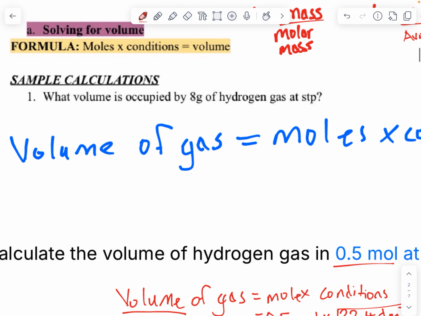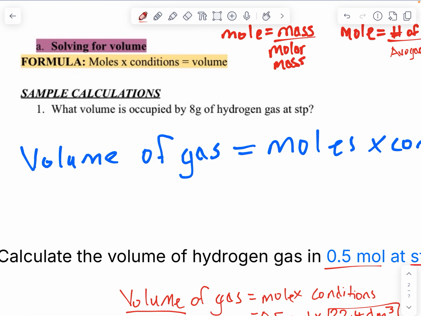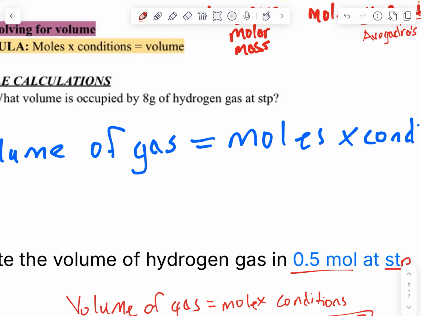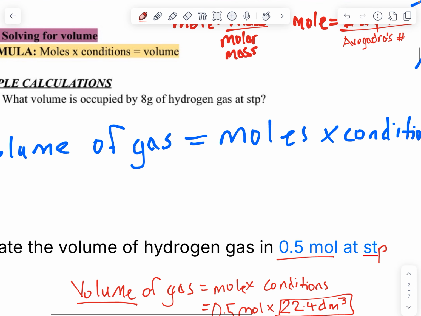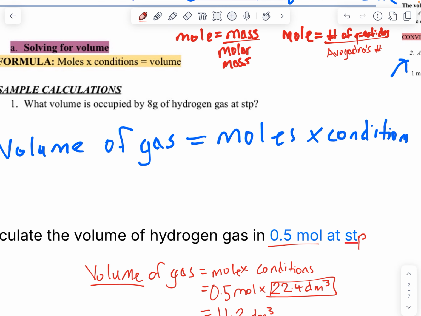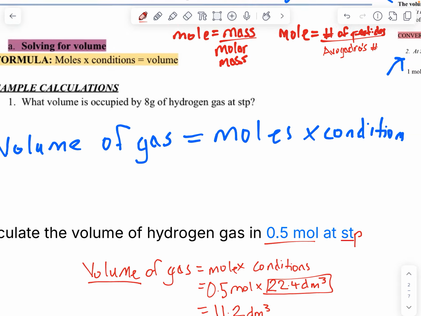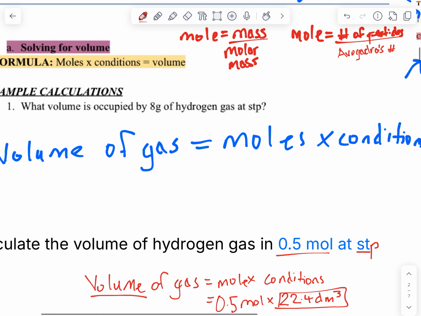So let's go to our first big person calculation. It says, what volume is occupied by 8 grams of hydrogen gas at STP? So we need to calculate the volume, right? And we know that the volume of a gas is equal to moles times condition.